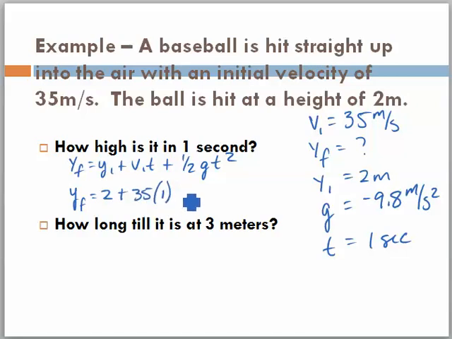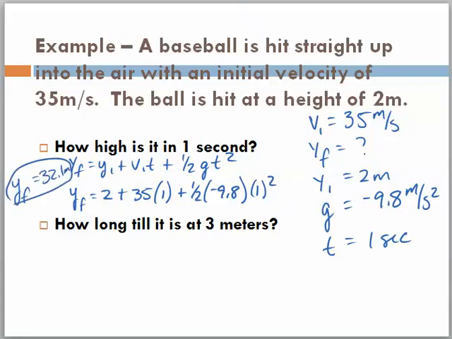The time is 1 second, plus 1/2 times negative 9.8, and then t squared is going to be 1 squared. What we've got here is that the final height ends up being 32.1 meters when I punch all these things into a calculator.